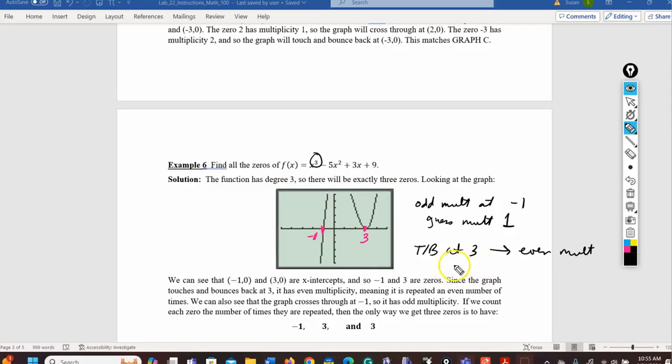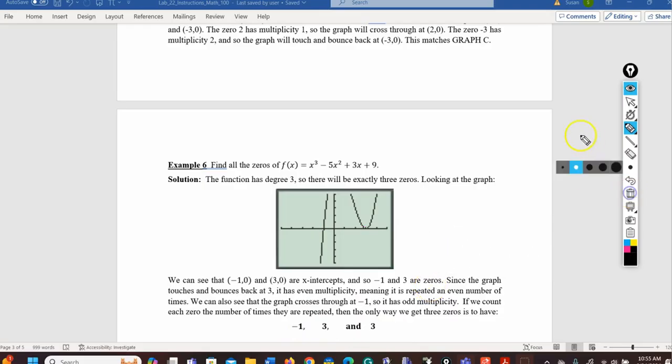And so I'm going to guess that 3 has multiplicity 2. And that works. So the zeros are going to be -1 and 3, but 3 is repeated an even number of times.